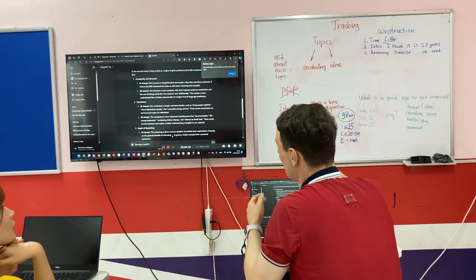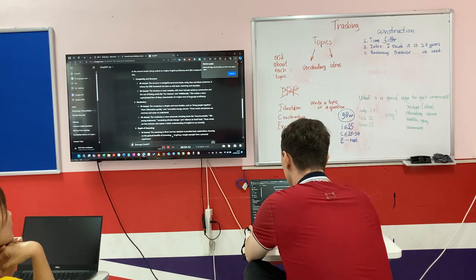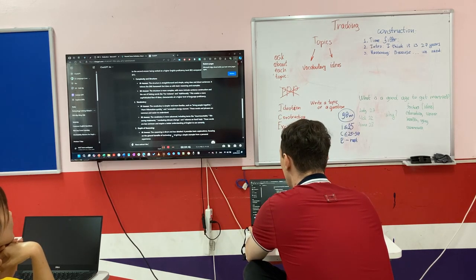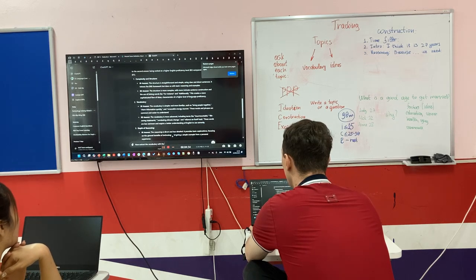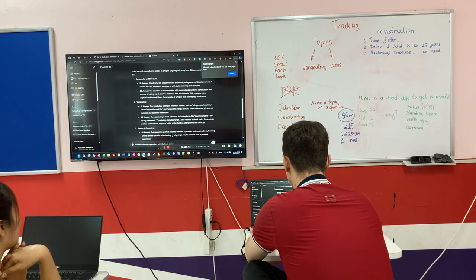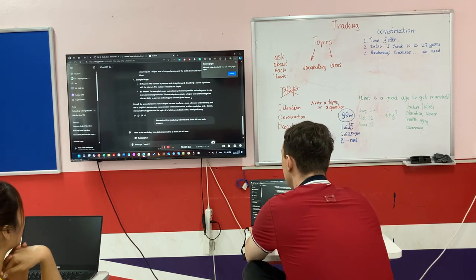And then for the vocabulary they're missing, you can say, now extract the vocabulary with the level above A2 from both answers. Something like this.